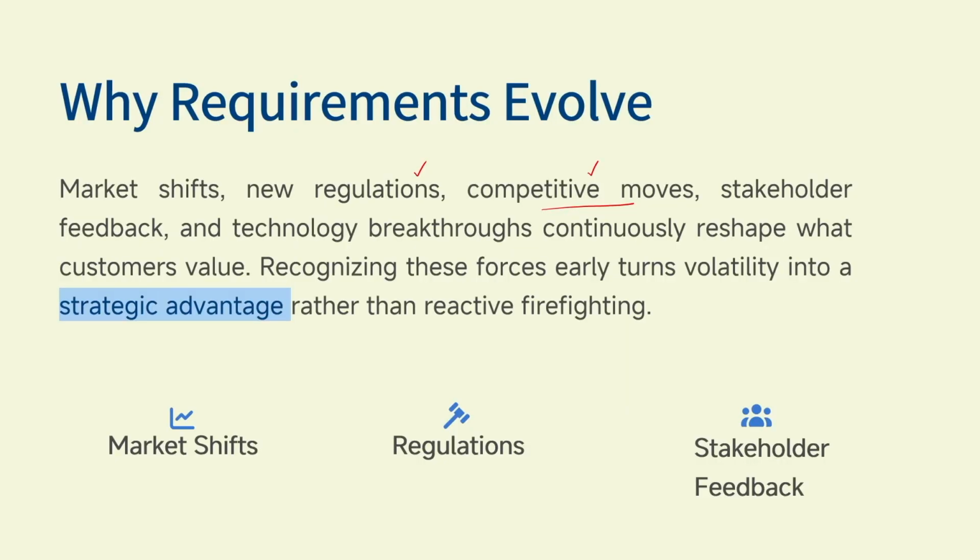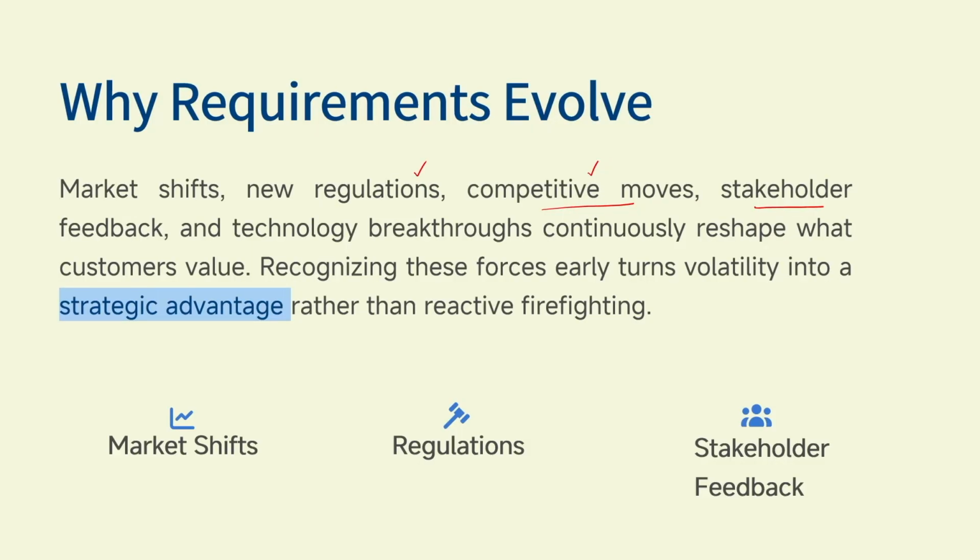The stakeholders' feedback. A stakeholder is a person who is interested in the project. So, the feedback from the stakeholder is also going to produce new requirements. The technology breakthroughs. Whenever there is a change in technology, again the requirements may evolve. So, these are some of the reasons which tend to make the requirements change.